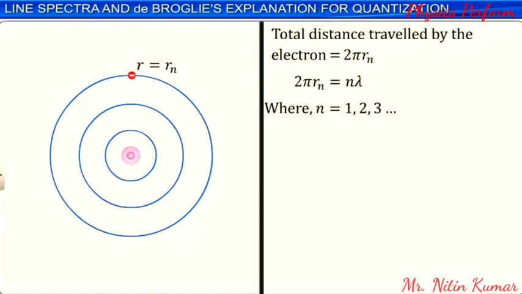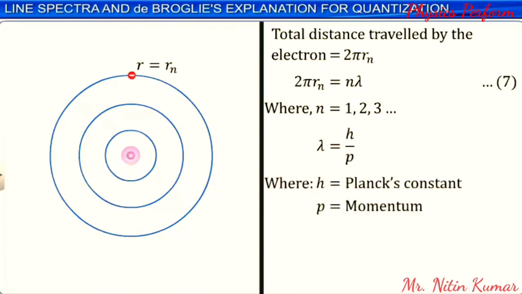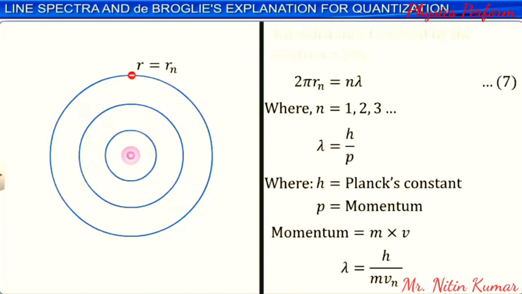We know that de Broglie's wavelength corresponding to the motion of a particle having a momentum p is given by λ = h/p. Here, h is Planck's constant and p is its momentum. As momentum is the product of the mass m and the velocity v, we have λ = h/(mv_n). Here, v_n is the velocity of the electron in the nth orbit.